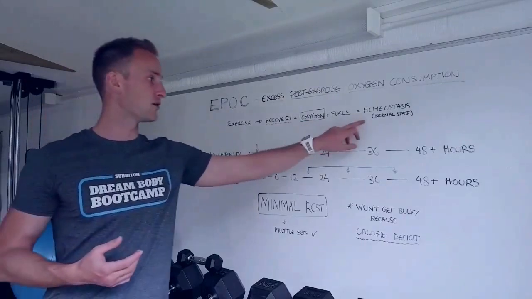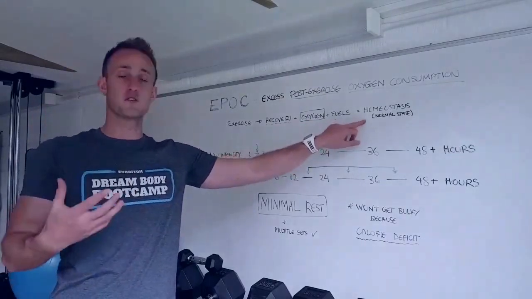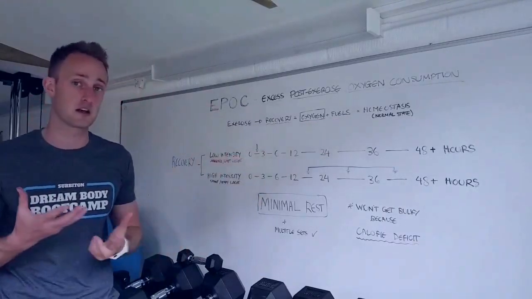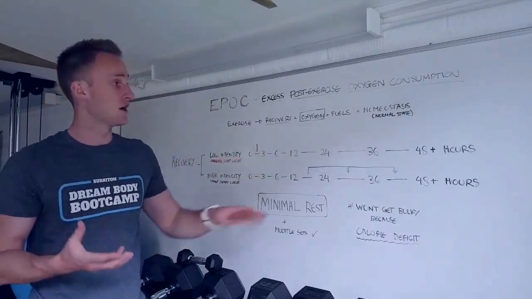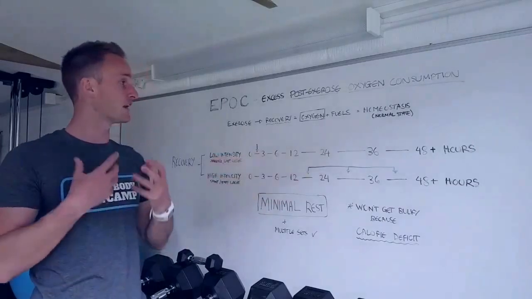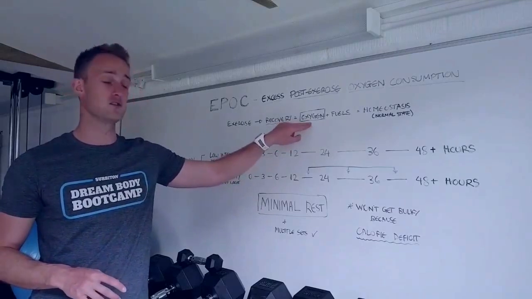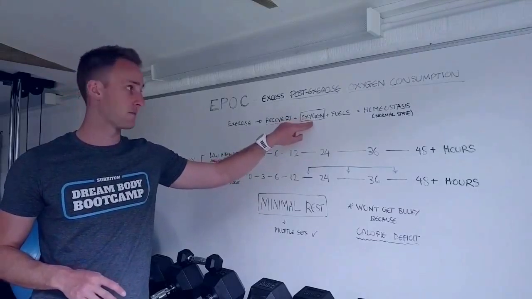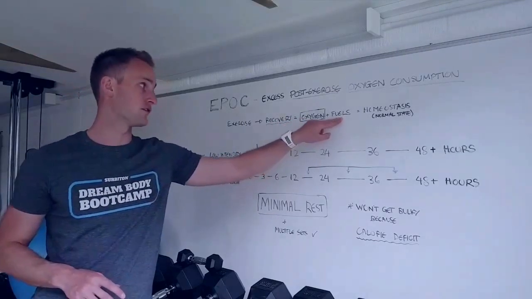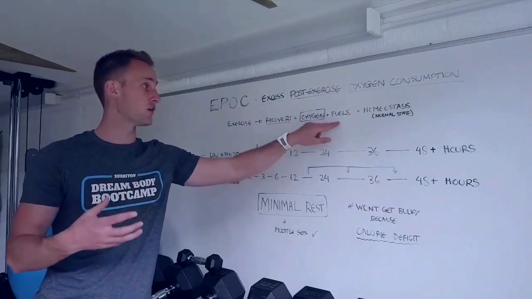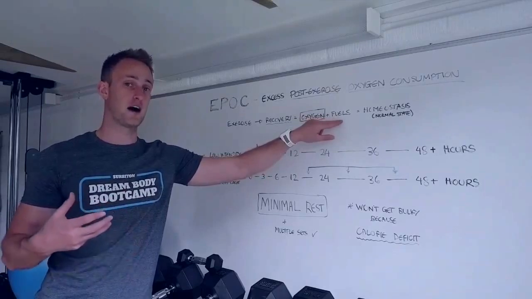And this will lead us into homeostasis. You don't really need to know what homeostasis is, apart from it leads us back to our normal state. If we haven't been doing any exercise and we have been resting, we would be in homeostasis. So the key part here is that we need to use oxygen to recover, and therefore we require fuel to help with the oxygen to recover. And we want this fuel to be fat.